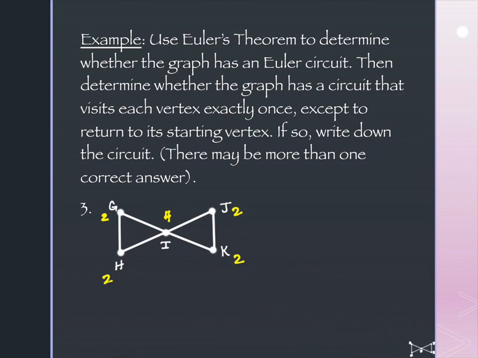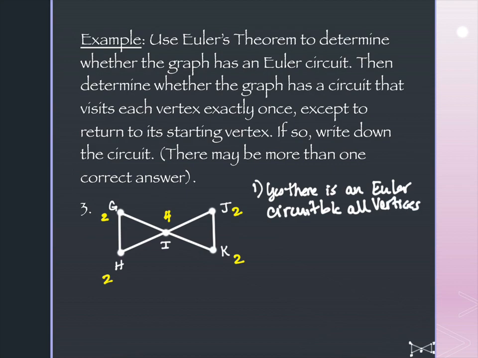So our first answer, number 1, is that it does have an Euler circuit, because all vertices have even degree. Okay, does that make sense?